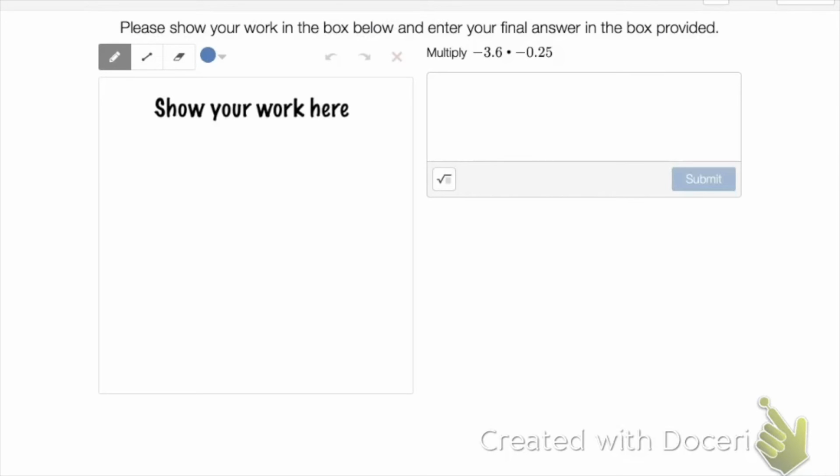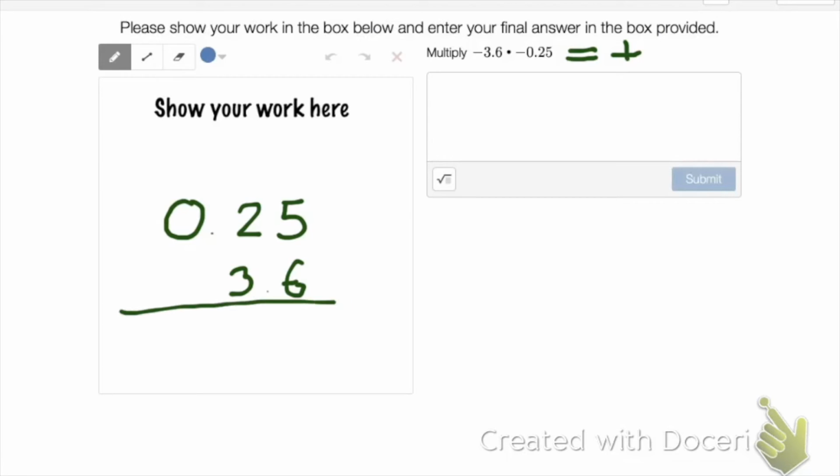So negative times negative, the answer will be a positive answer. Okay, so now I will put the number that has more digits, 0.25, on top, and I put the number that has fewer digits, 3.6, on the bottom. Remember, when you multiply decimals, you don't have to line up the numbers, okay?